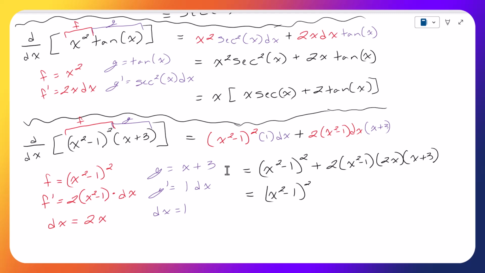That is not what I'm going to do because I like factors. The more simplified, the better for the most part. What I will simplify is, I see we have a 2 here, a 2 there. I'm going to multiply those together. That gives us 4. And then we have this x. 4x times x squared minus 1, x plus 3. And there's our derivative. And this is using our product rule.